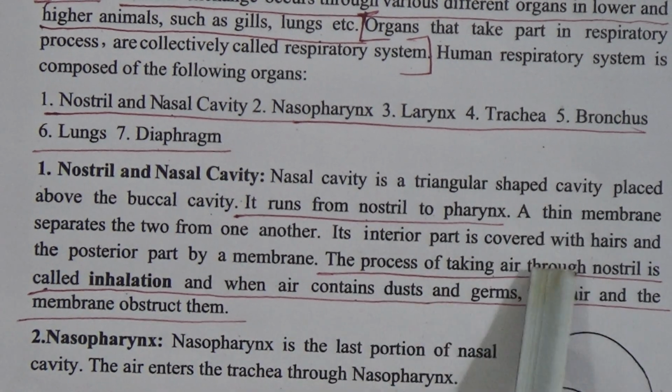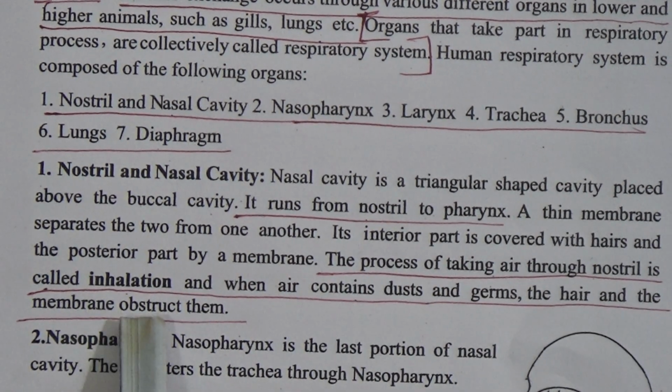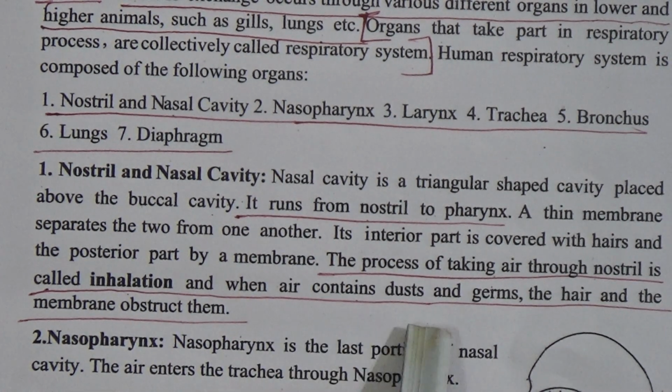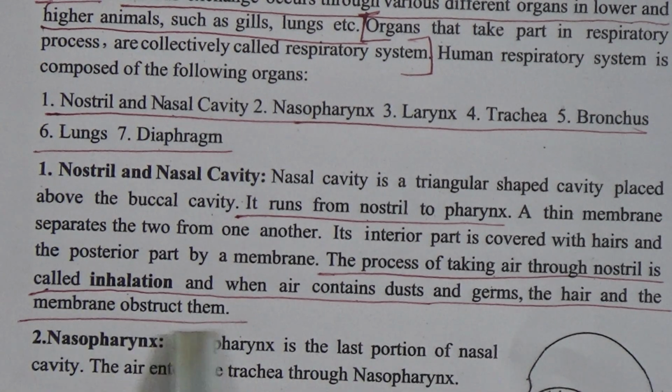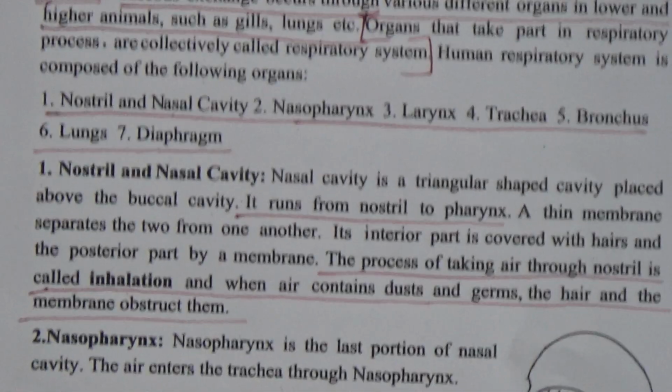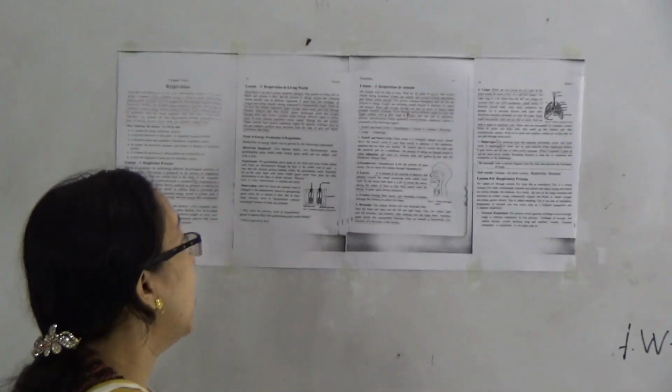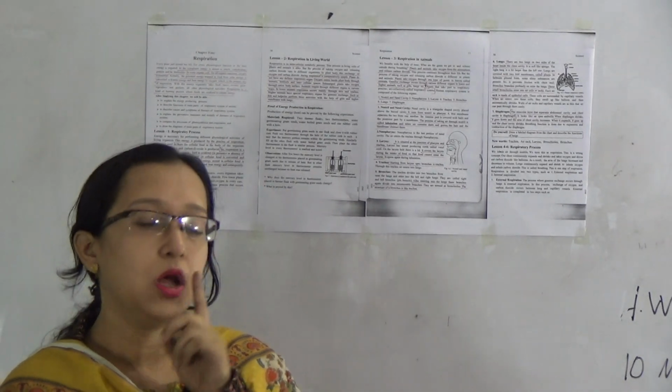The process of taking air through the nostril is called inhalation. Air contains dust and germs, and the hair and the membrane obstruct them. Our nose part is called the nostril or nasal cavity. In front, it is divided into two parts.